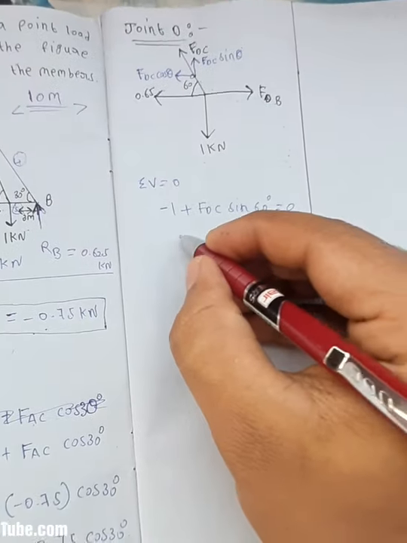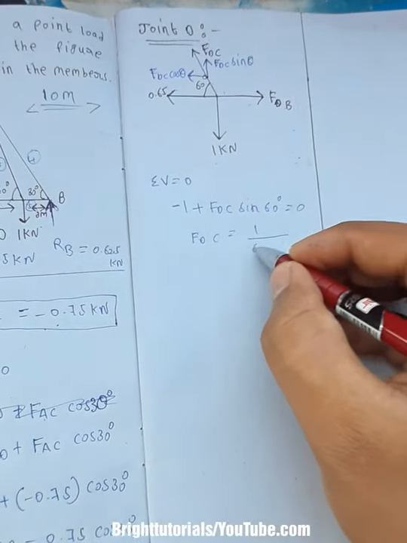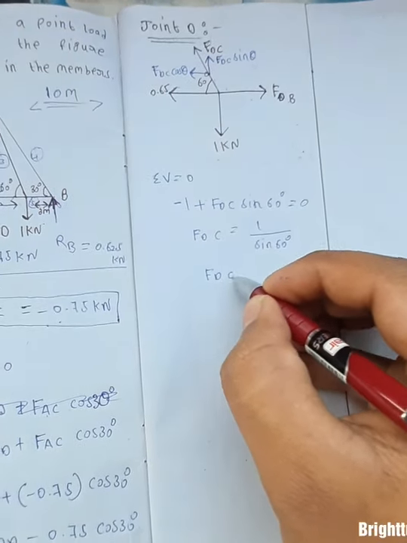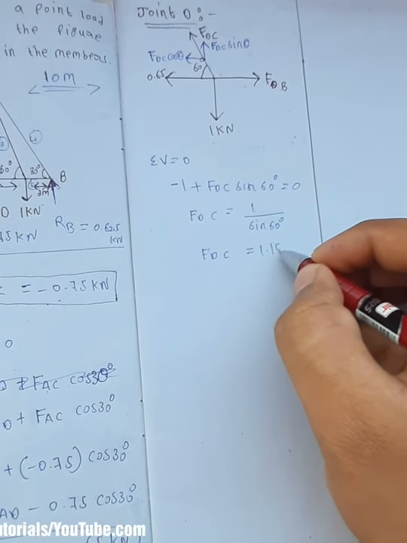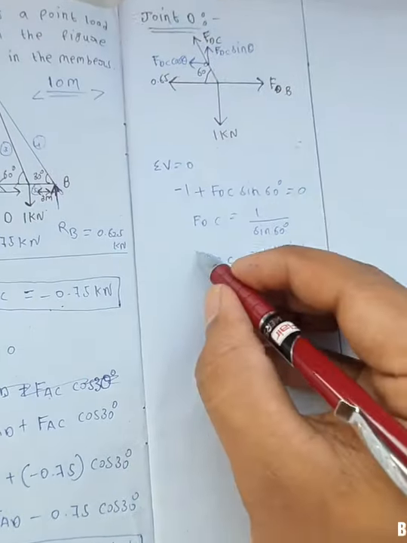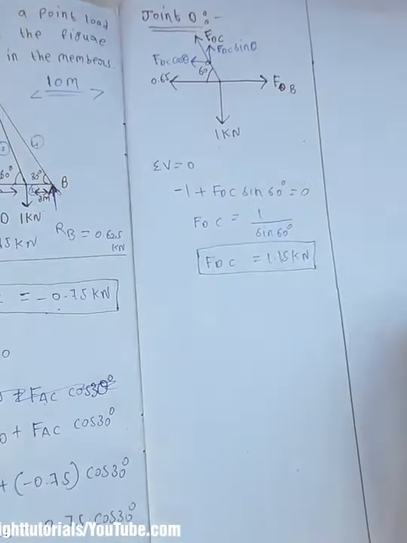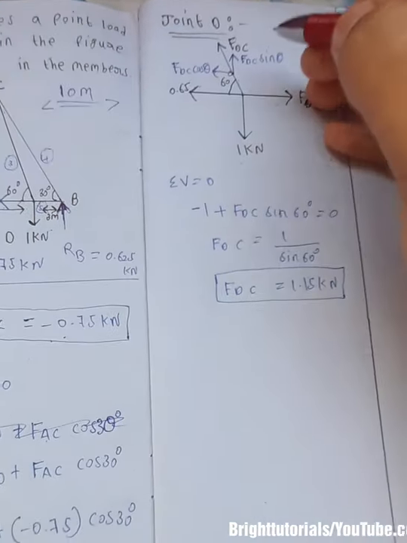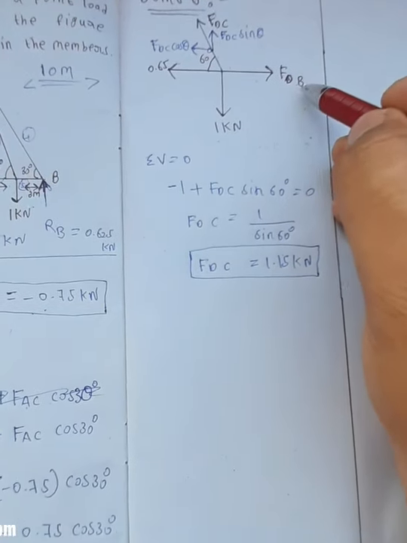So now FDC equals to 1 by sine 60 degrees. So FDC equals to 1.15 kilonewton. So we have successfully found the value of force FDC. This is the force FDC. So now we have to find the value of FDB.